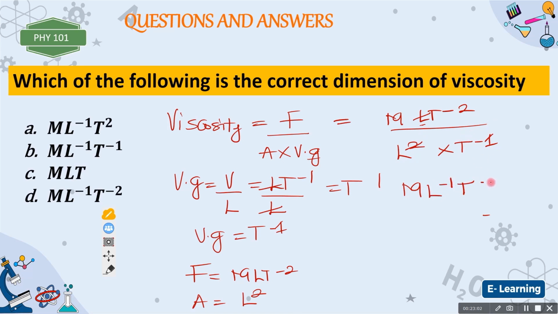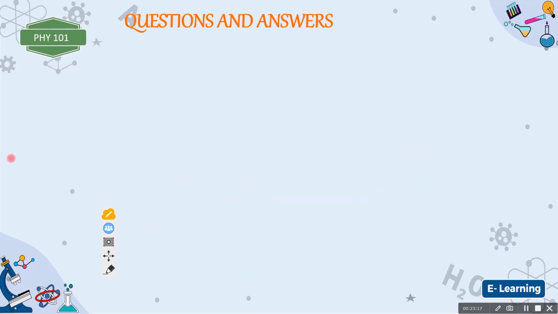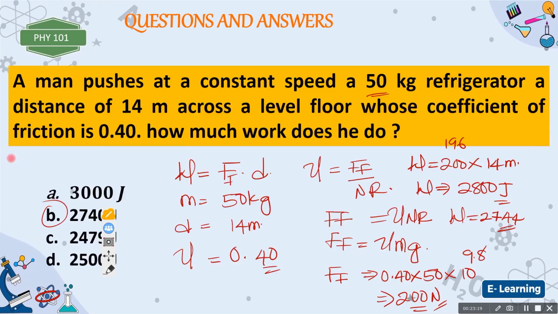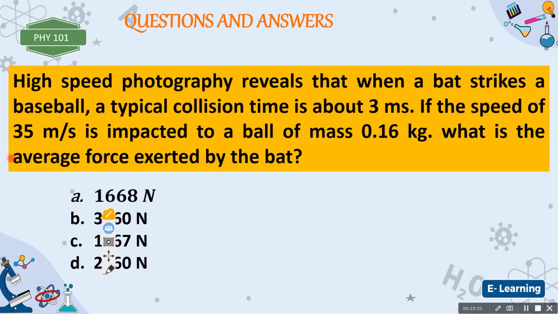T minus 2 plus 1 will give us T minus 1. Is that okay? And that makes option B the correct answer to that question. So when you see this question, the correct answer is option B. And I think that is the end of all these question and answer series.